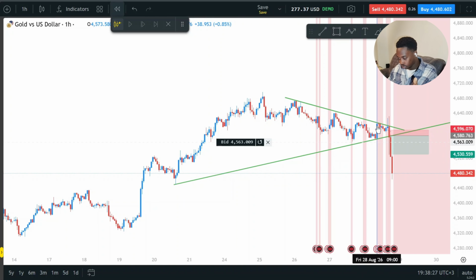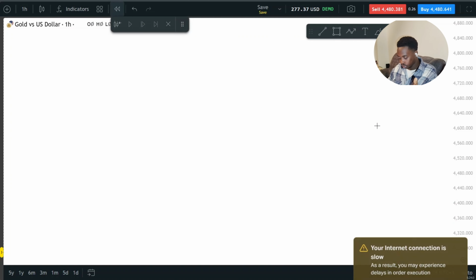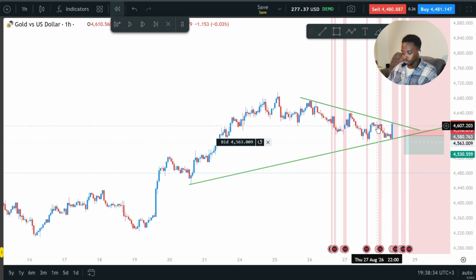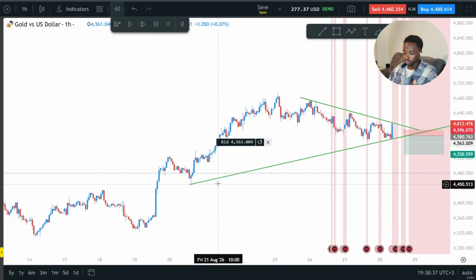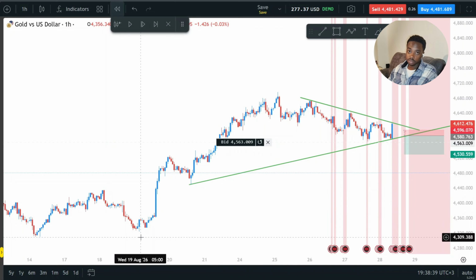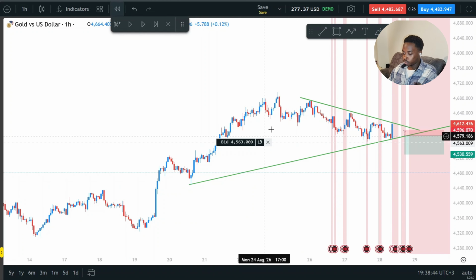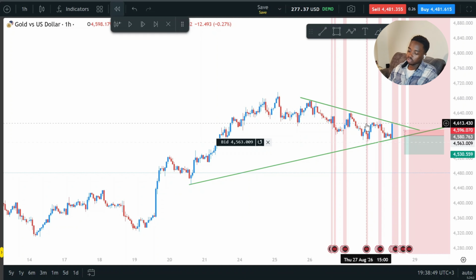Another example is how the chart was. I'm going to run it back a few candles so that you get an example of what I was dealing with. Okay, so here you see it's gold versus dollar, and it was in an uptrend and then this consolidation, but it's not that much of a consolidation.